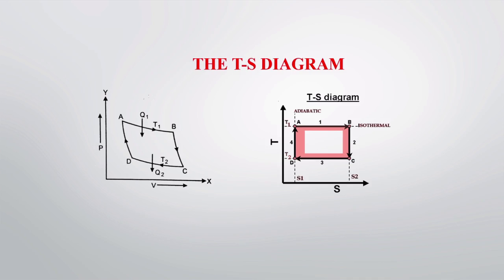These adiabatic curves are shown by the straight lines BC and DA, which are parallel to the T-axis. Now this resulting TS diagram is a rectangle ABCD. With the help of this rectangle, it can be very easily found out the area under the curve ABCD, which represents the work done during the cycle.